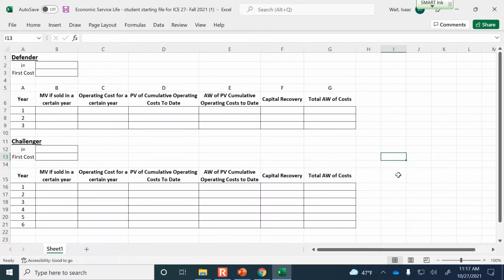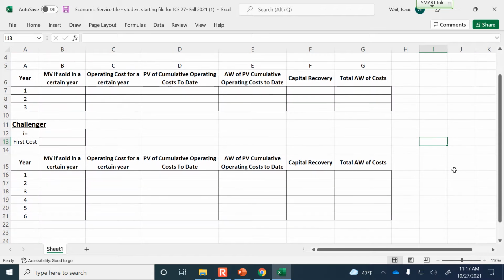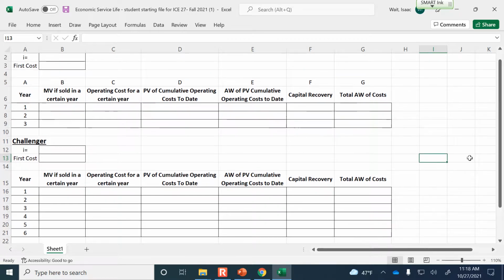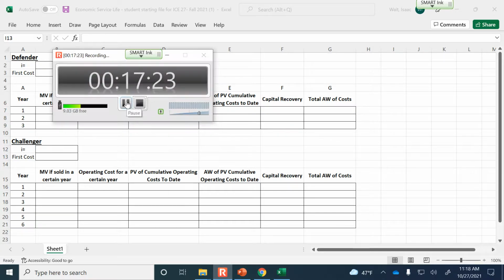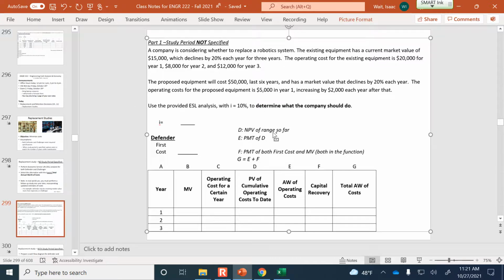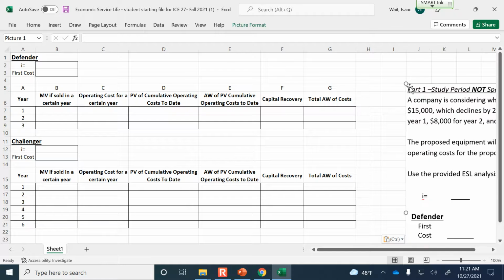Oh, it says it will last 6 years. I think that's the second one, though. The first cost for two different ones. Defender is, so the first one's 15,000. 3 years. Is that right? I don't know, I guess it's 15,000, we're gonna buy it. Right. Yeah, sure.